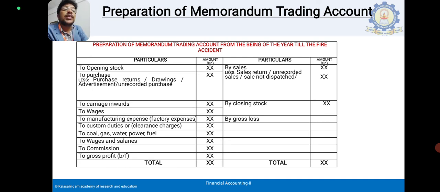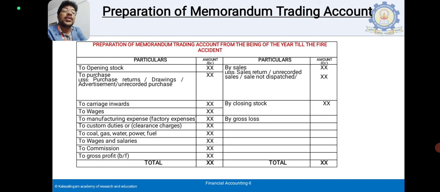And on the credit side, by sales, and from this sales you need to deduct sales return, or any unrecorded sales or sales not dispatched. Next, you need to add closing stock.